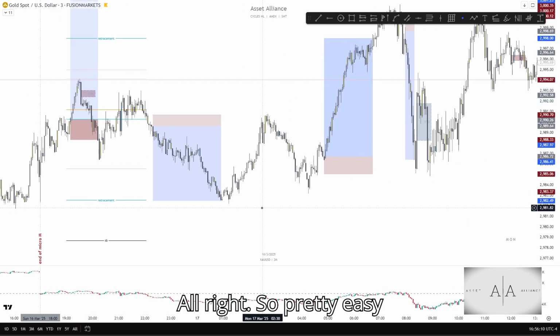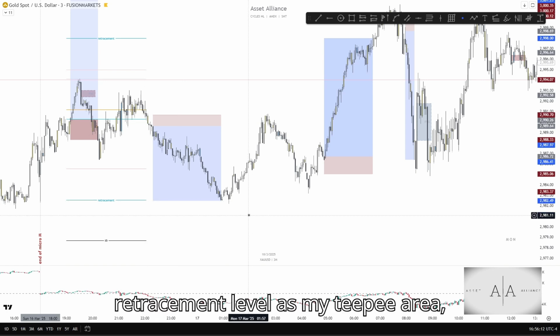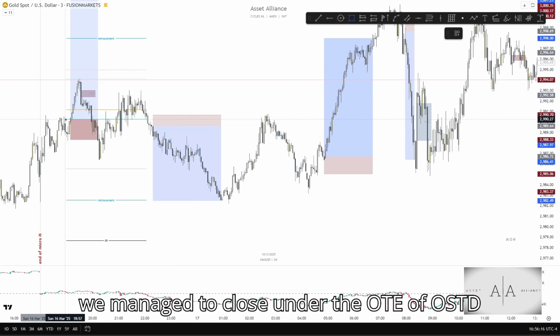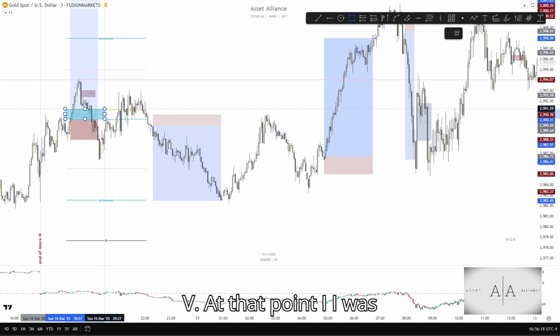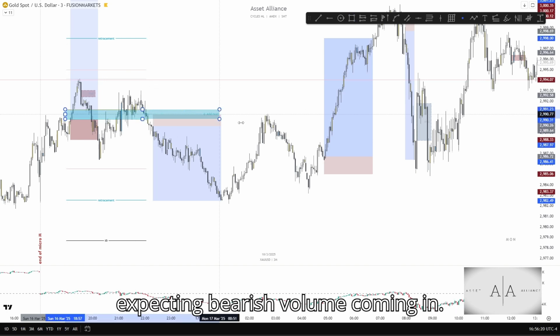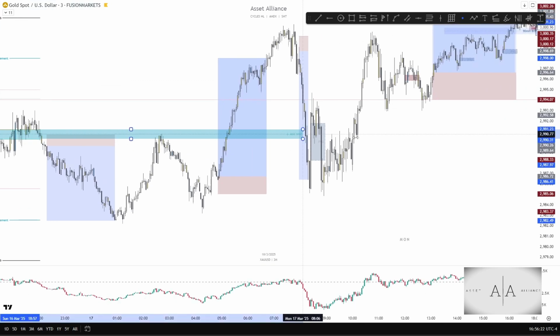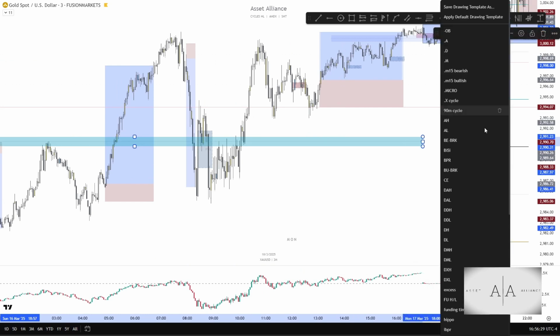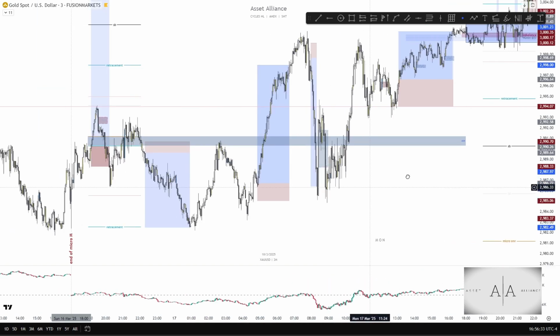Alright. So pretty easy retracement level as my TP area. We managed to close under the OTE of OSTDV. So at that point, I was expecting bearish volume coming in. Just mark it out for the whole day. This is your OTE.